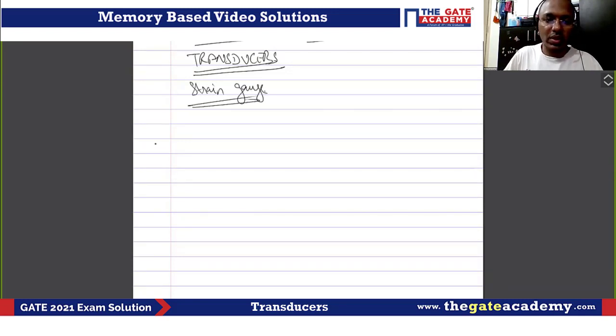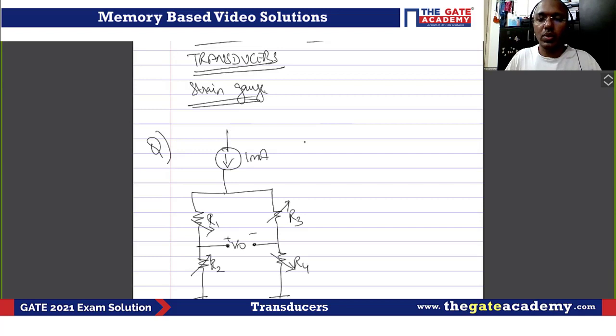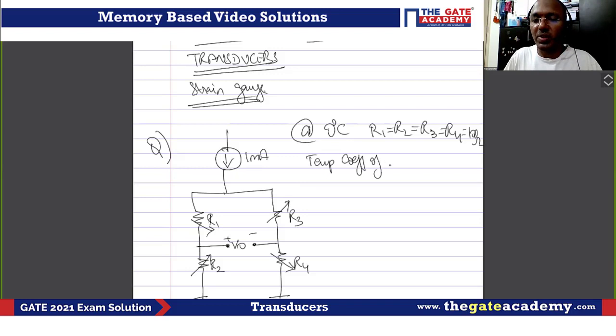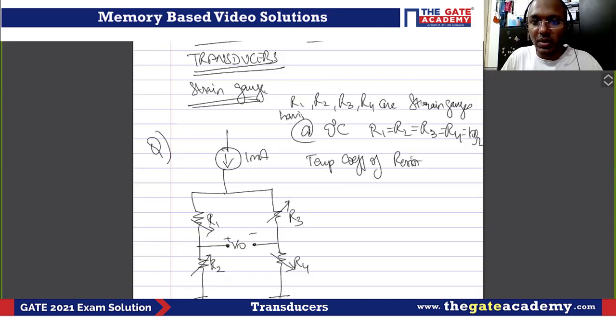Okay, the question goes like this. So this is going to be 1 milliampere. So at 0 degree centigrade, R1 equal to R2 equal to R3 equal to R4 equal to 100 ohms. By the way, first of all, R1, R2, R3, R4 are strain gauges having gauge factor 2.